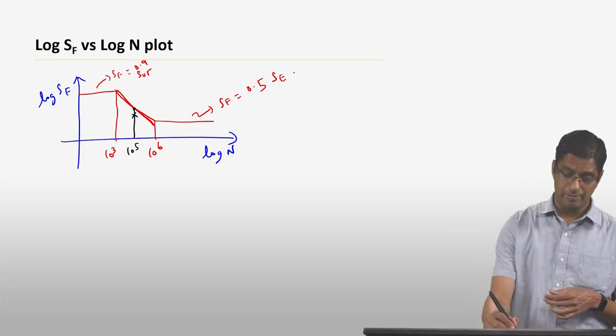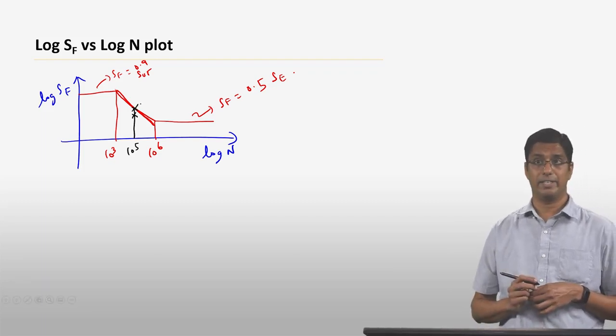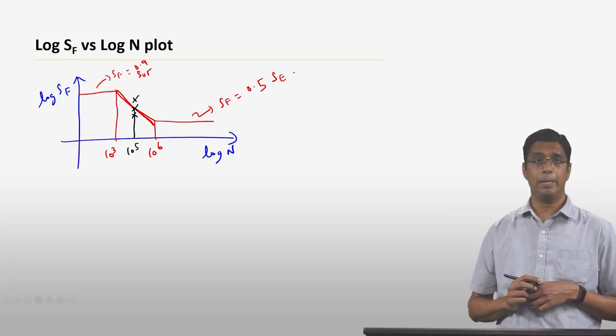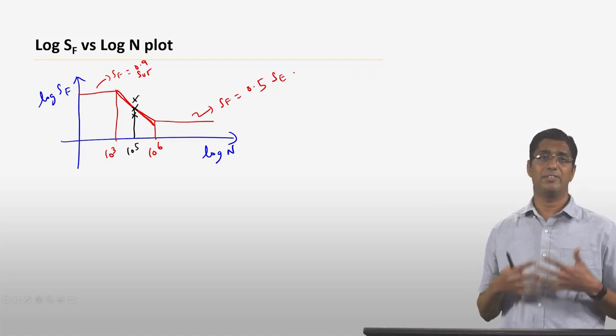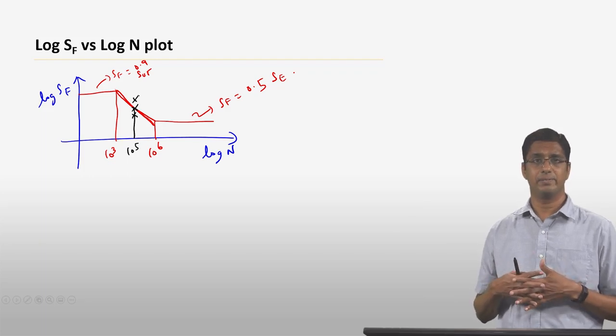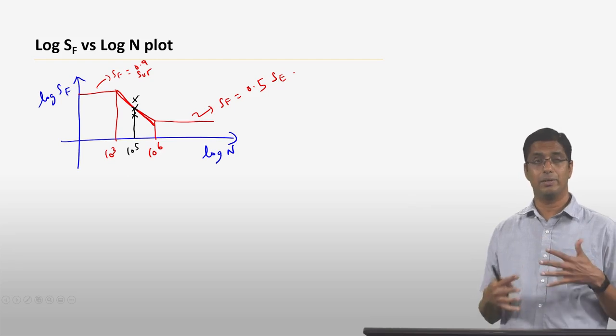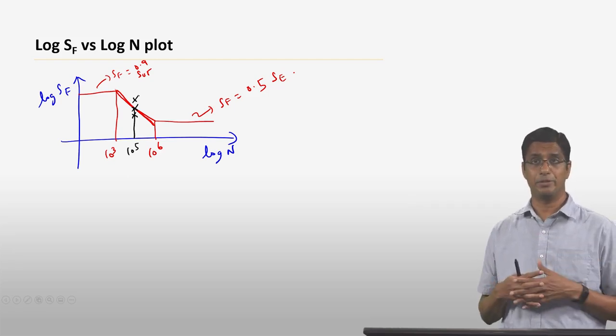The other sample fails at that stress at 10 to the 5 cycles. Another sample goes way beyond. So essentially, there is a lot of scatter in the fatigue data. Fatigue is a stochastic process, so you can't deterministically predict when something is going to fail.